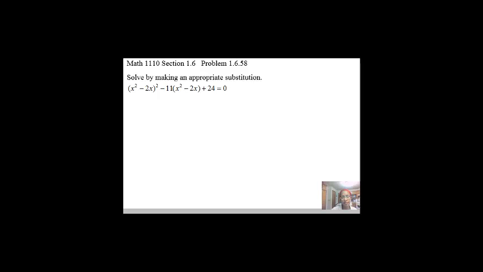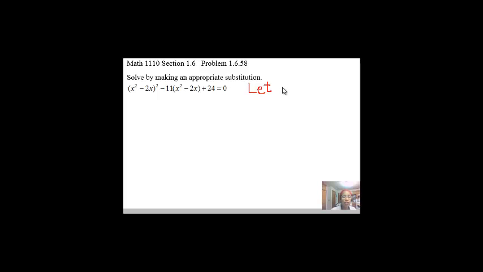In the next problem, we want to solve this by making an appropriate substitution. So as you look at this equation, notice that I can use any letter other than the letter that is already in the equation.